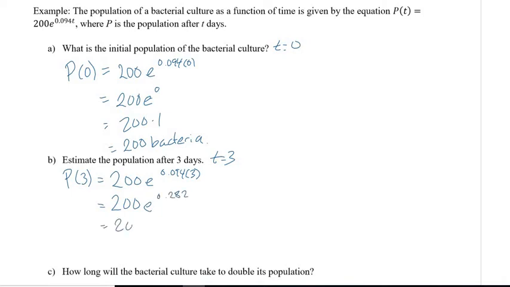That's going to be e to the 0.282, which should be about 1.3258 times 200, or roughly 265 bacteria.